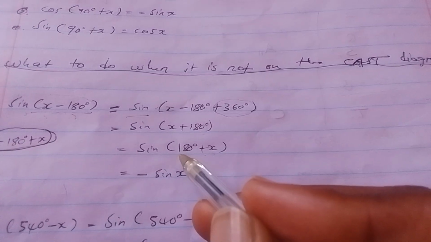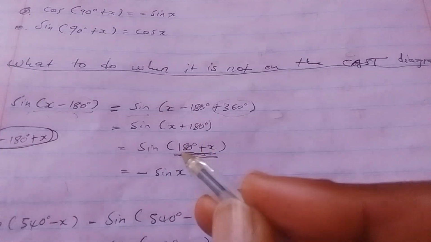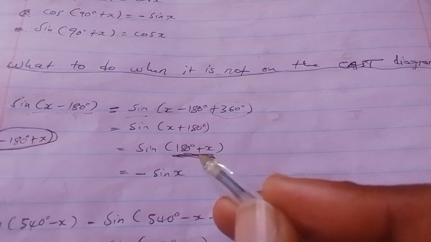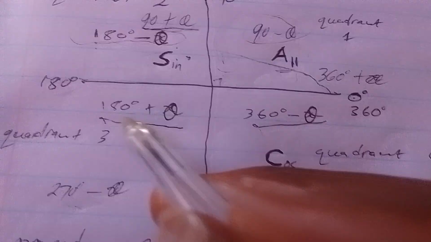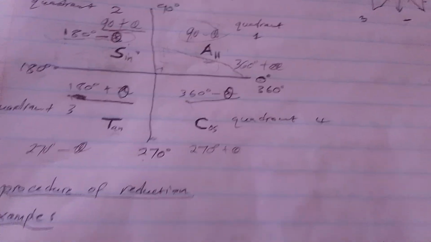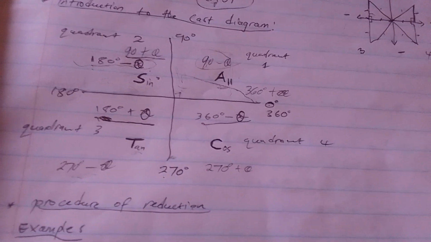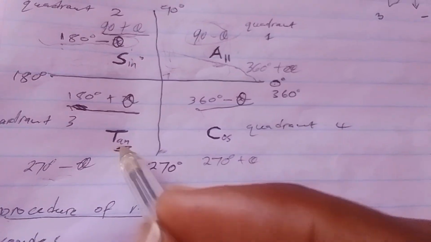Go and look for this angle on your CAST diagram. 180 degrees plus x is on our third quadrant. You see this? It's on our third quadrant. On our third quadrant only tan is positive, and the rest are negative.